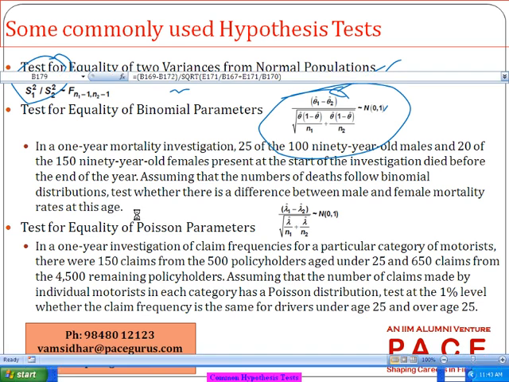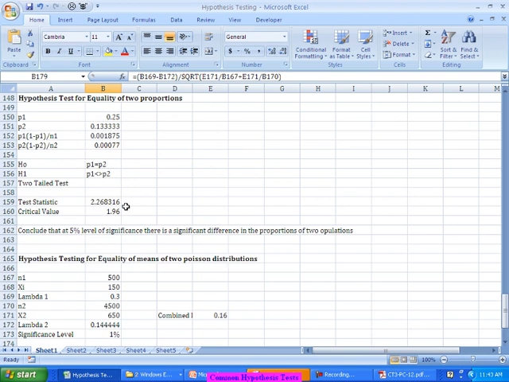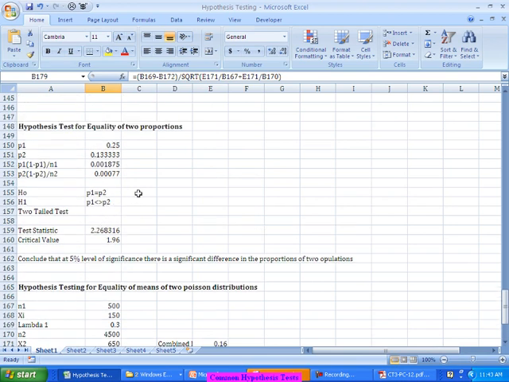All right. The same logic we should use in the case of binomial also. In the denominator, I should not take p1 into 1 minus p1 by n1. I'll take a combined p itself. Just a correction.